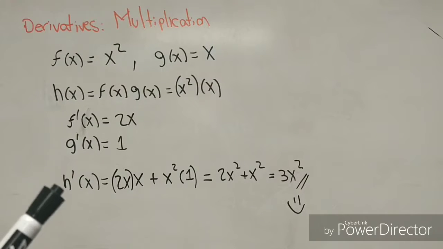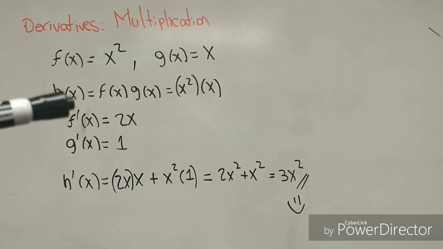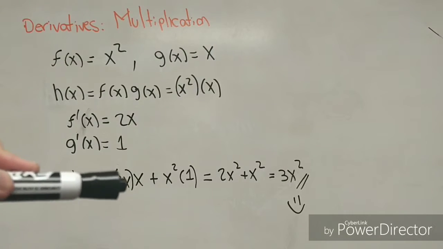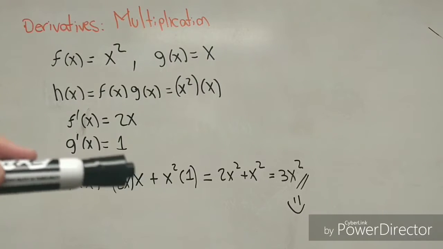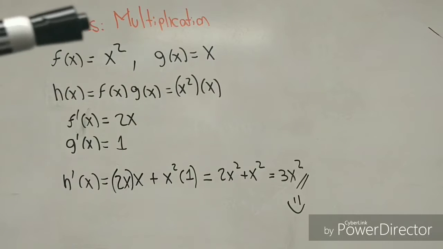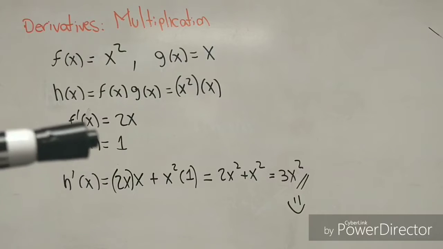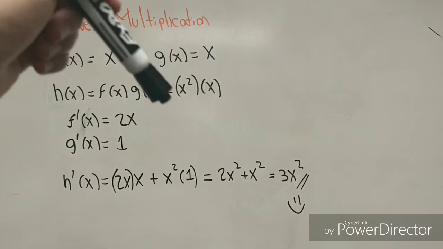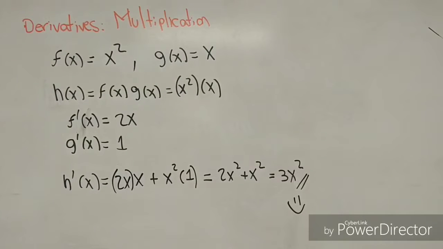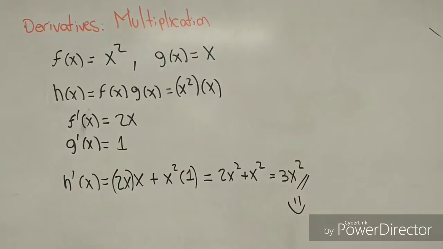So in this case, the derivative of h would be the derivative of f times g without the derivative, plus f without the derivative times the derivative of g, which is 1. And that's going to give us 2x squared plus x squared. If we add them up, because we can add them up, that's going to give us 3x squared.